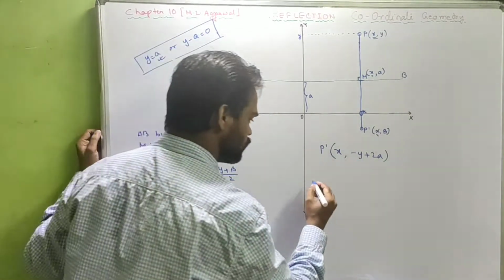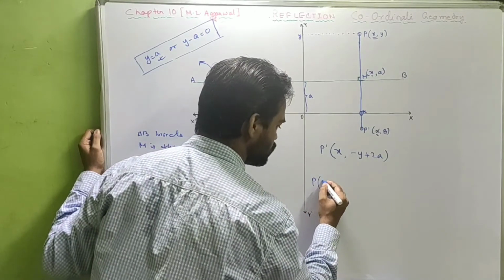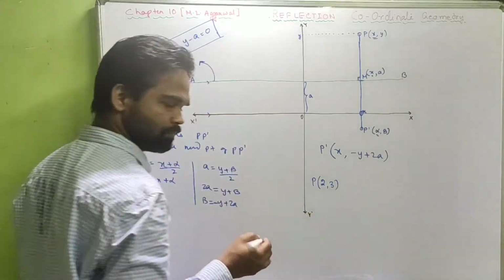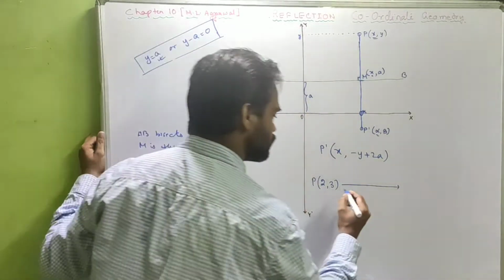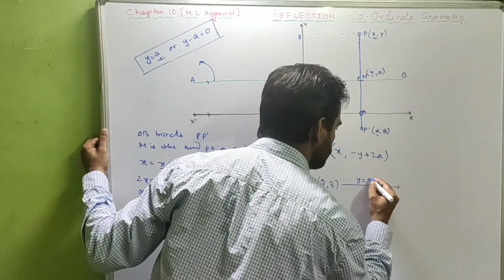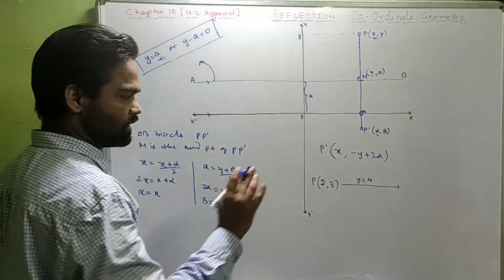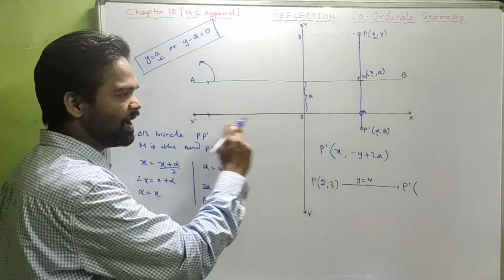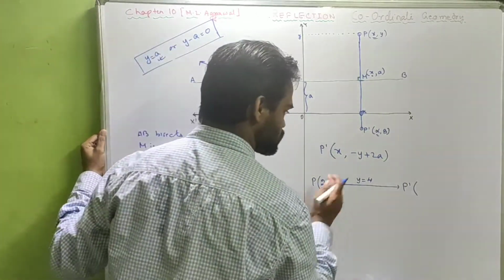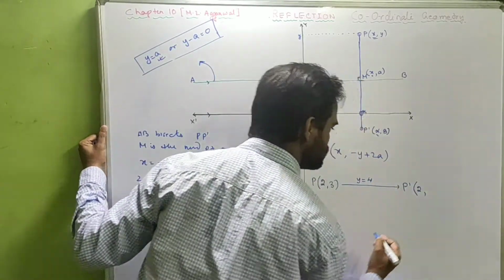What do I mean? Suppose the point 2 comma 3 is reflected on a line, suppose y equals 4. Then P dash, y equals 4 is a line parallel to x-axis. The x coordinate remains unchanged.